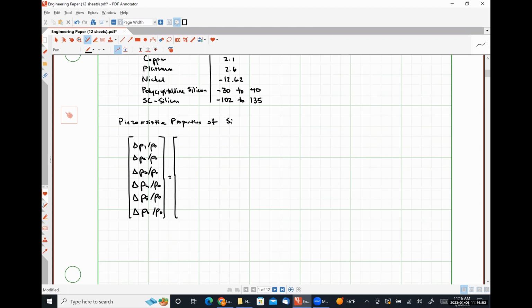Okay, so now I'm going to give you guys the piezo resistance matrix.